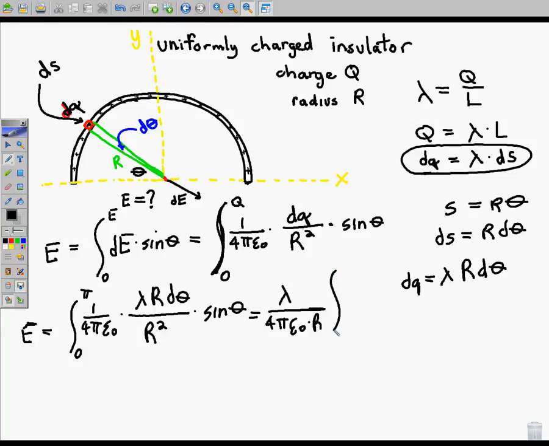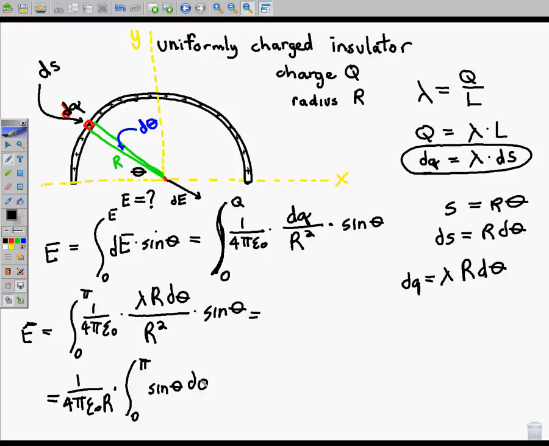Then we have the integral of sine theta d theta. I'm running out of room there, so I should just go to the next line. Equals 1 over 4 pi epsilon 0 times r times the integral from 0 to pi of sine theta, with lambda up here.